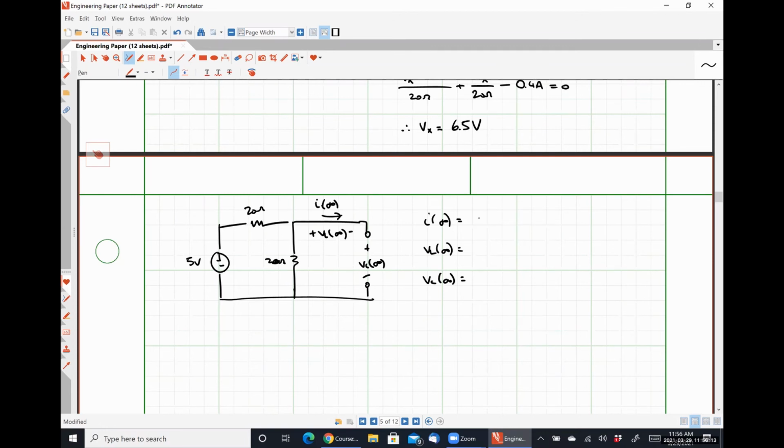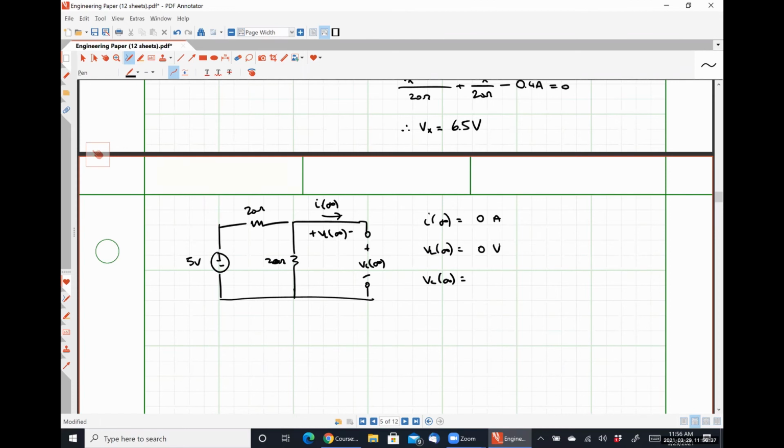Current's going to be 0. Okay, I agree with that wholeheartedly. Current flowing through an open circuit has to be 0. VL is going to be 0 because the voltage drop over a short circuit has to be 0. Okay, we got 2 out of 3 taken care of. What about VC? The voltage drop across the 20 ohm resistor.